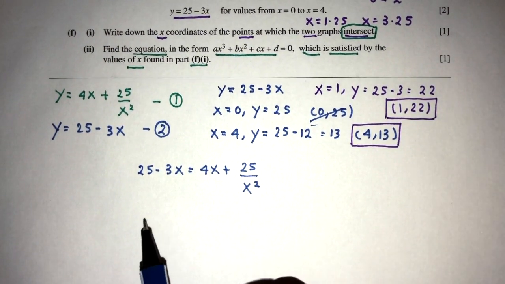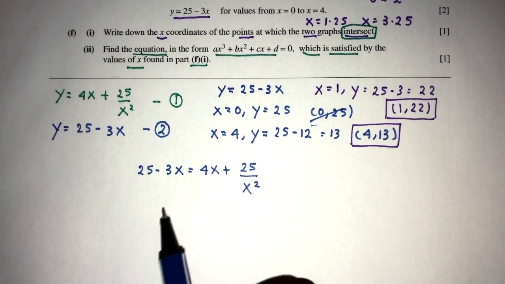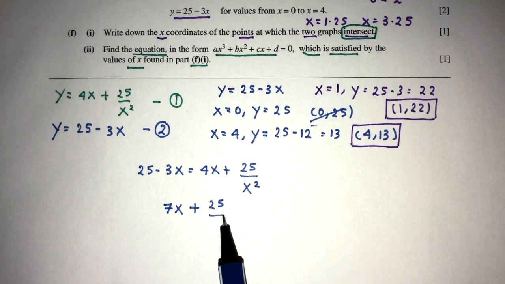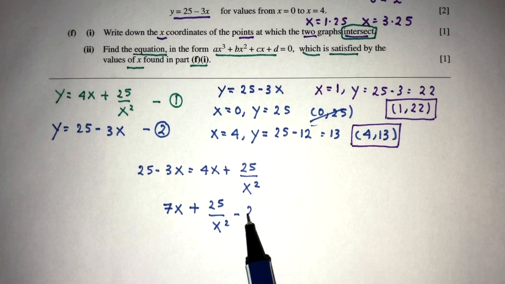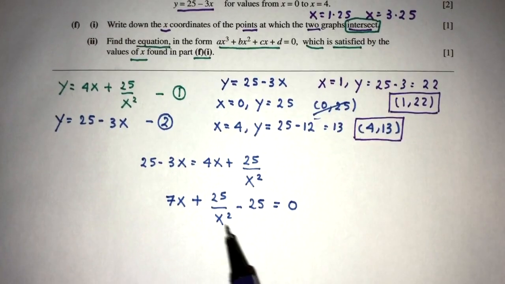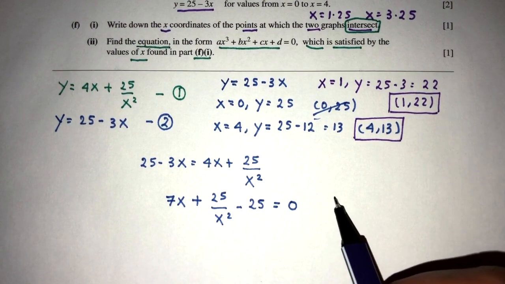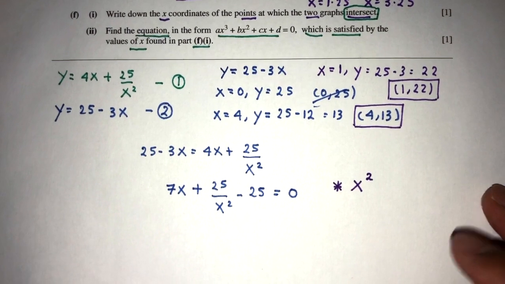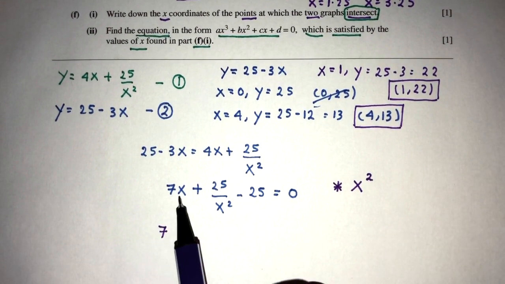You will get 4x plus this, that will be 7x plus 25 over x squared minus 25 has to be 0. Now you want to eliminate this value on the bottom. You have to multiply by that value to eliminate it. So you will have 7x times this will be 7x cubed.